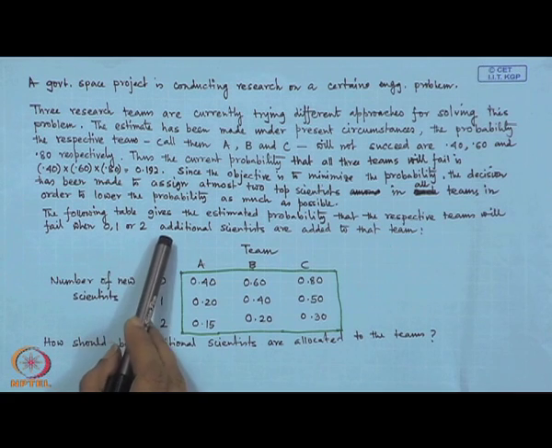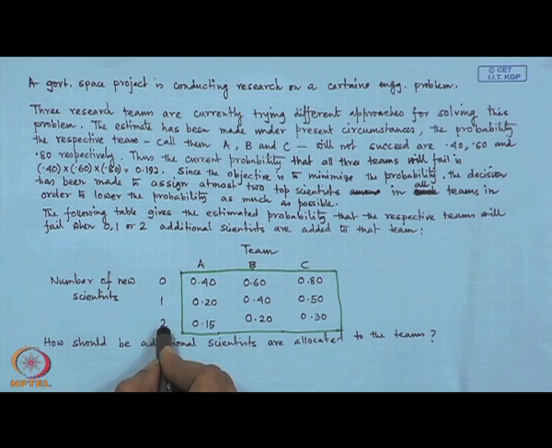Similarly, if 2 additional scientists are added, the situation is a little better. The probability of failure is coming down to 0.15, 0.20, 0.30, but the situation is such that we wanted to reduce the probability of failure, but the total number of scientists is 2.